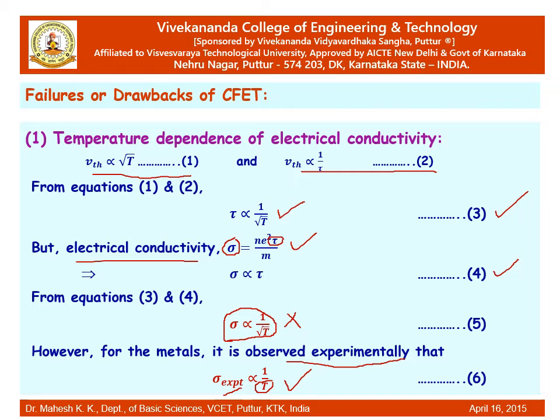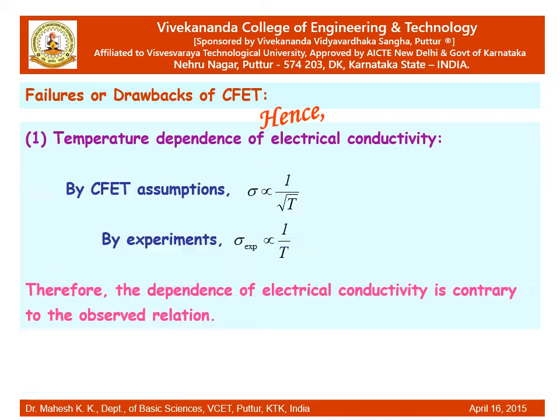You could always check with numericals. So that is one of the failures. Hence, from classical free electron theory sigma is inversely proportional to root T, but by experiment it is inversely proportional to just T. Therefore the dependence of electrical conductivity is contrary to the observed relation.